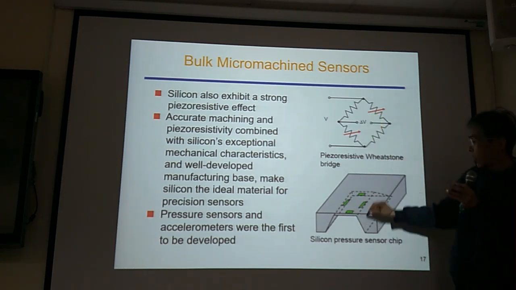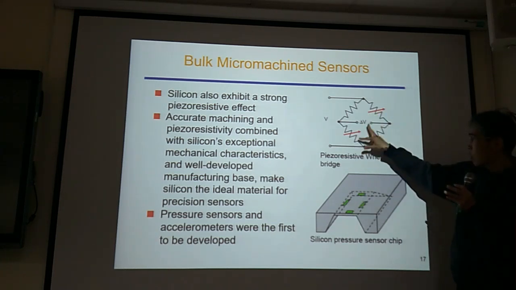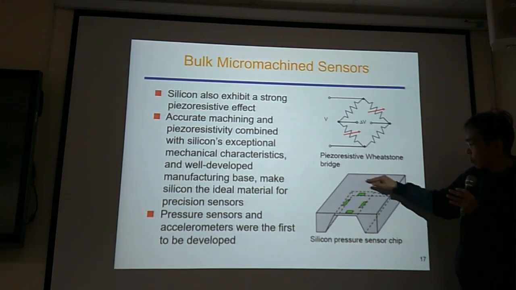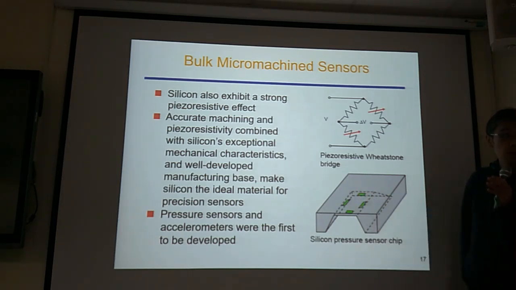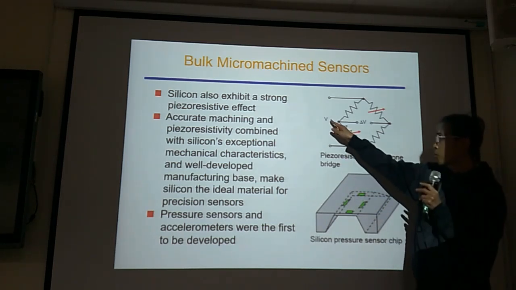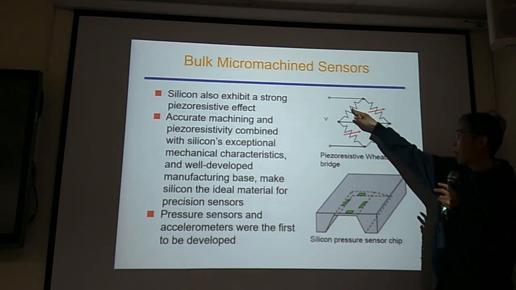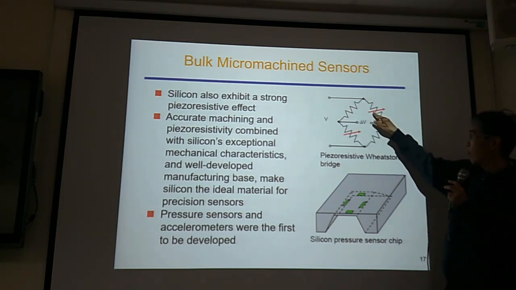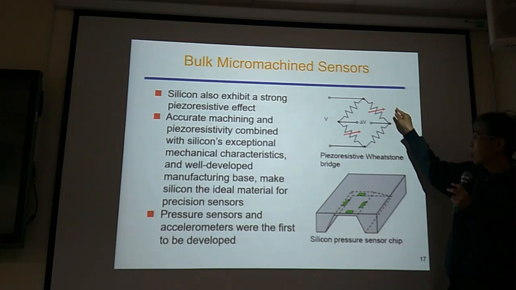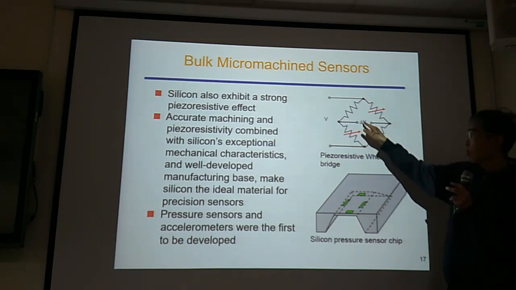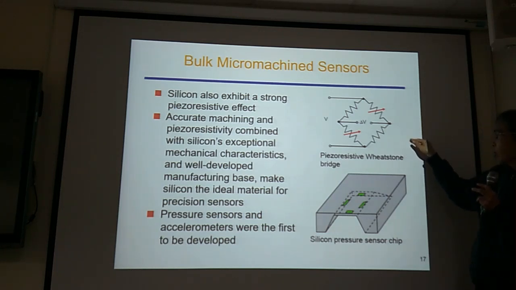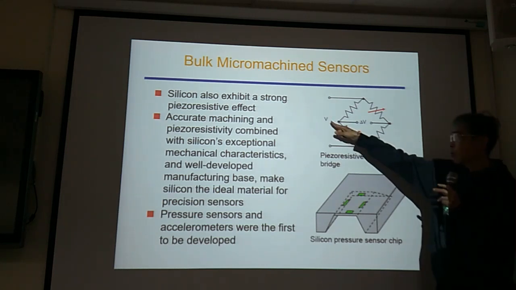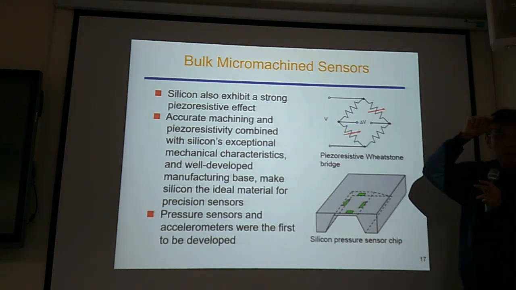So these two may be these two resistors, and these two might be dummy resistors outside this diaphragm, this thin area. If we have this voltage in, and this is R, and due to the variation of the resistance, this is R plus delta R. So this is the voltage output. Delta V will be equal to delta R divided by, say, 2R times the source voltage.